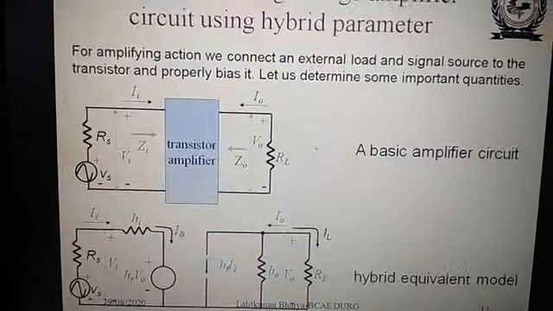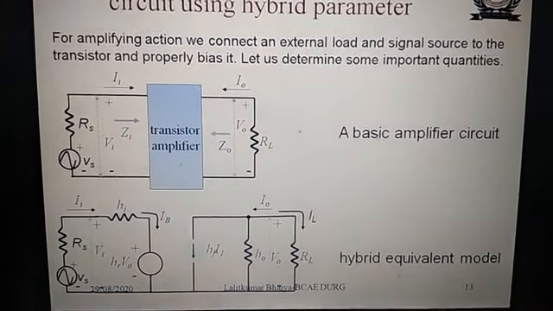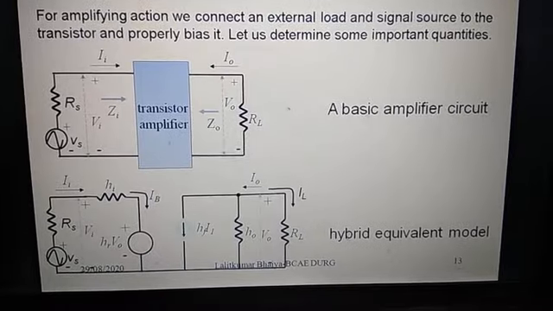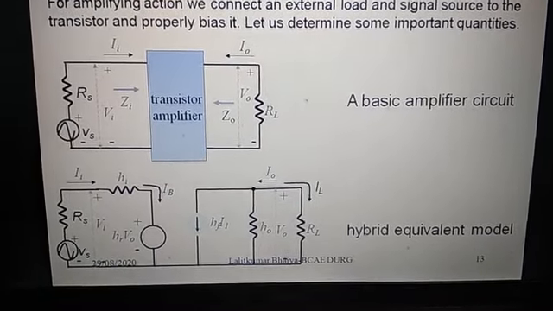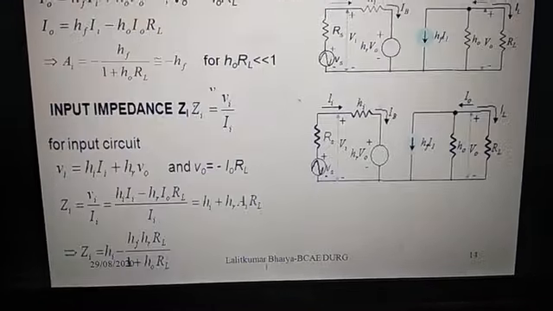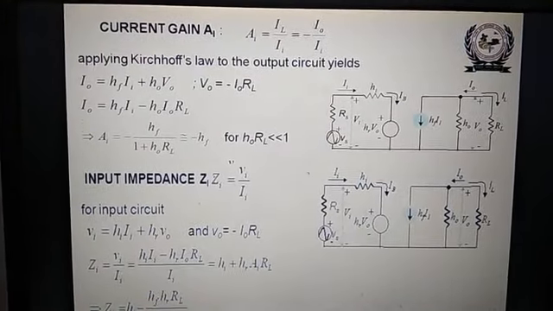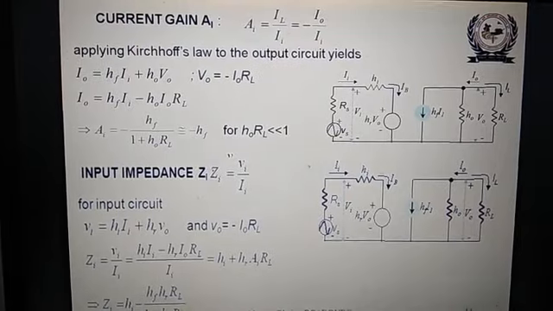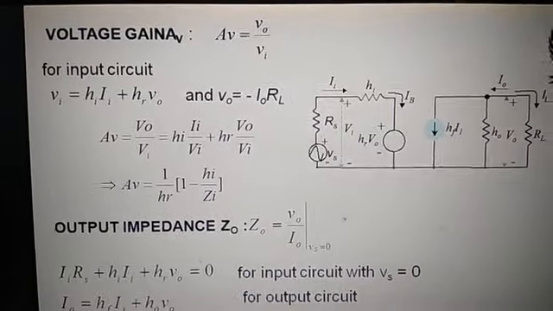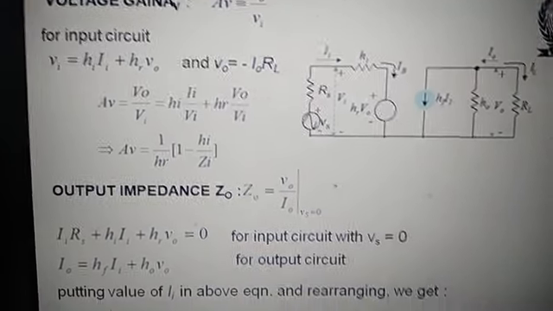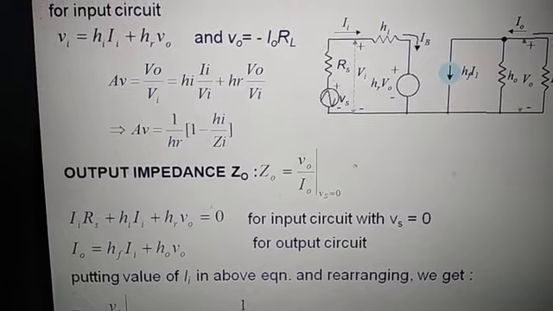These different curves we have seen, and this is the analysis for the H parameter hybrid equivalent model and the basic amplifier circuit. We have determined the current gain, input impedance, voltage gain, and finally the output impedance.